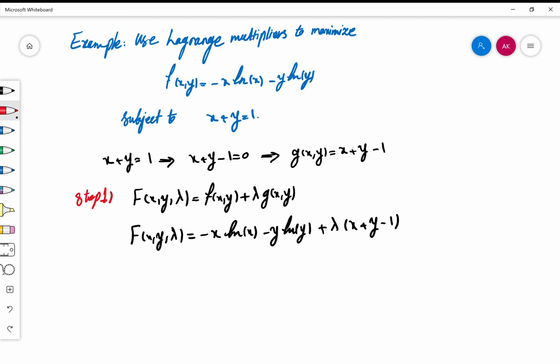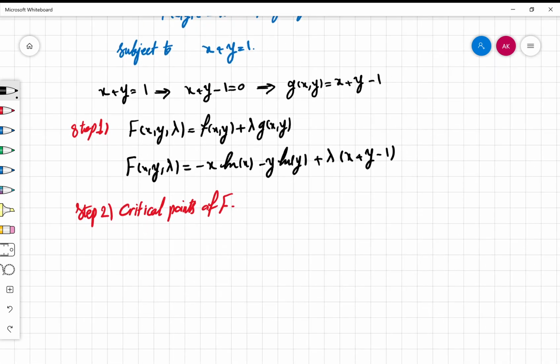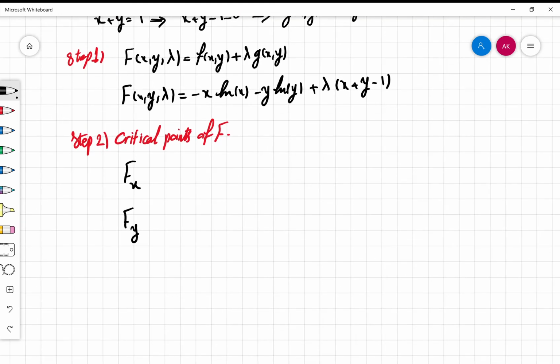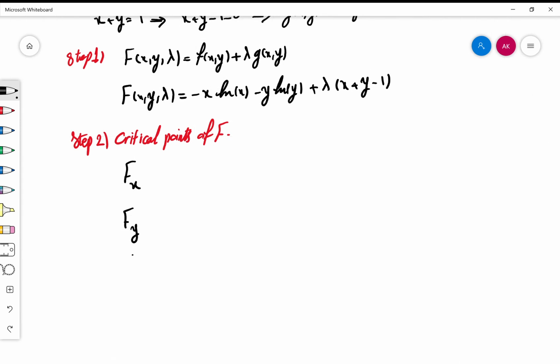Then step 2, find critical points of capital F. Well, it means that we have to find F_x, the partial derivative of F with respect to x, the partial derivative with respect to y, and the partial derivative with respect to lambda.